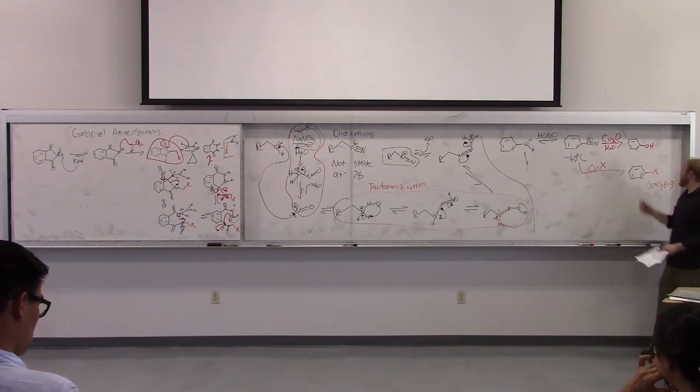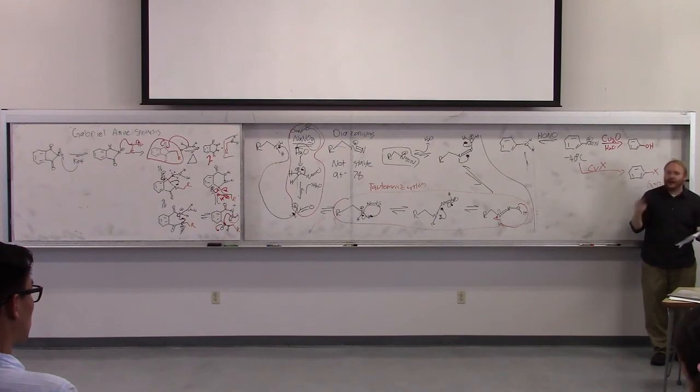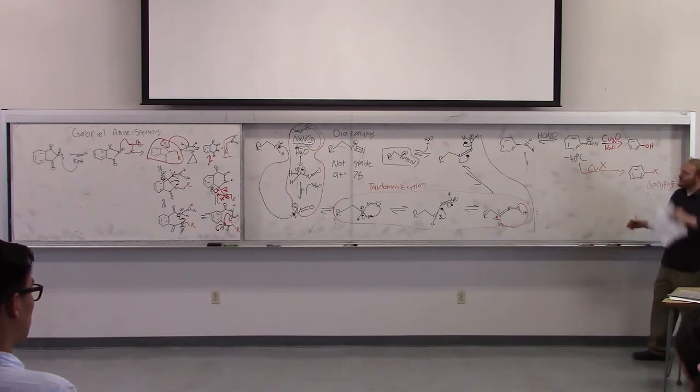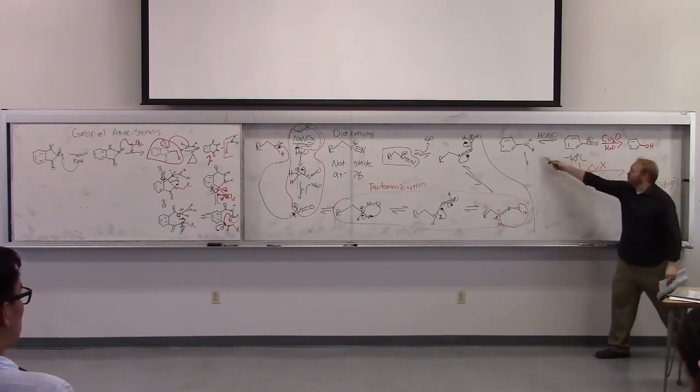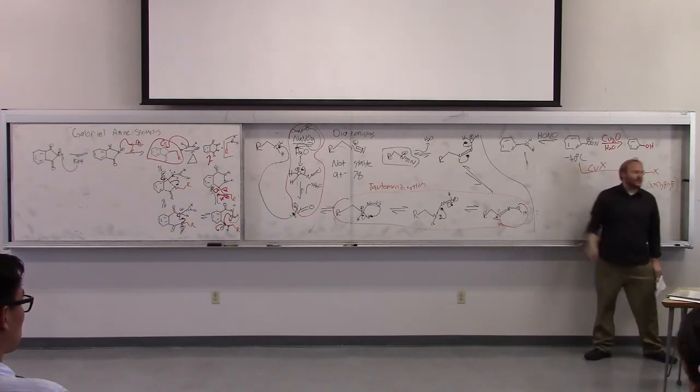So, is this route to make an aryl halide better or worse than aromatic substitution? Well, it's got its pluses and minuses. The big thing here is, in this route to make an aryl halide, we don't have to worry about regioselectivity. Absolutely not, right? Because the halide's going to go where the nitrogen was initially.